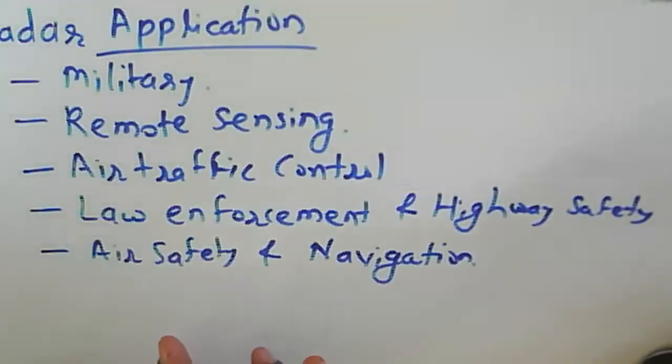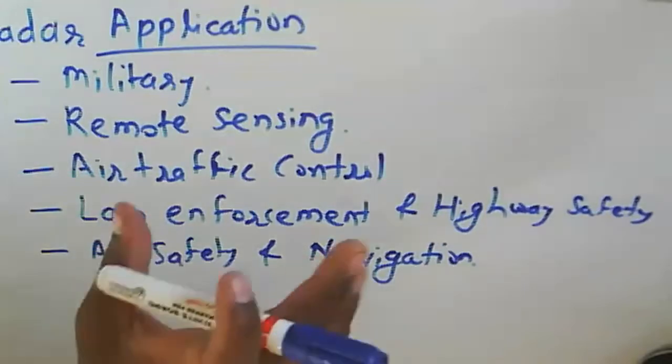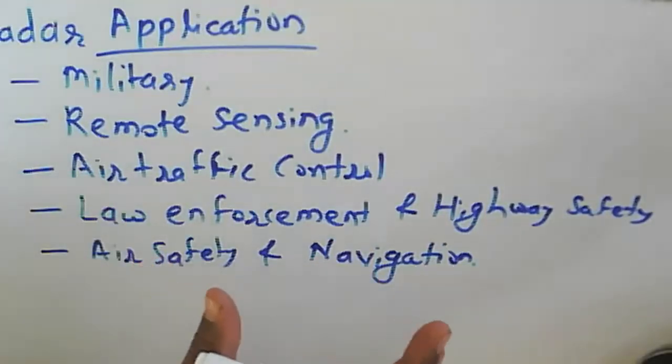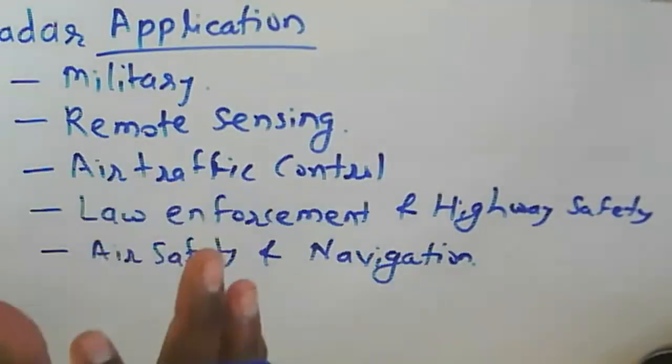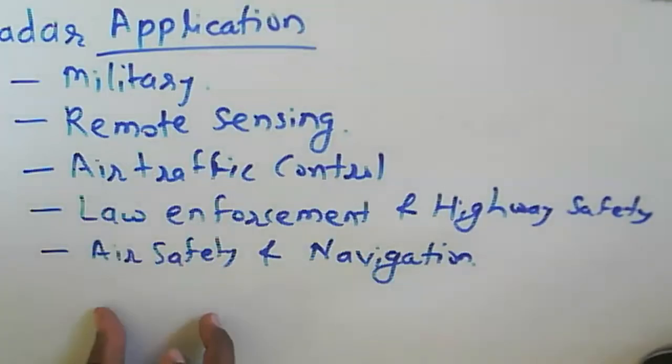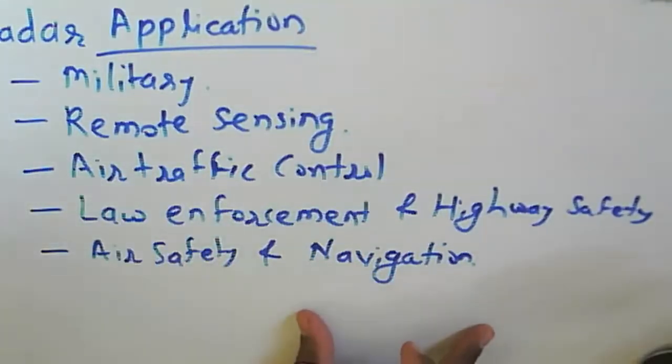Mostly, if there is weather, then for that particular weather we need to think about the safety of the devices, the aeroplanes, or the military aircraft. So these are the applications of the radar.